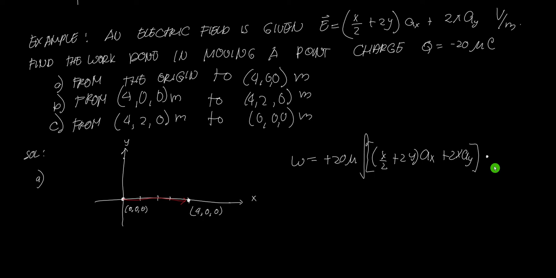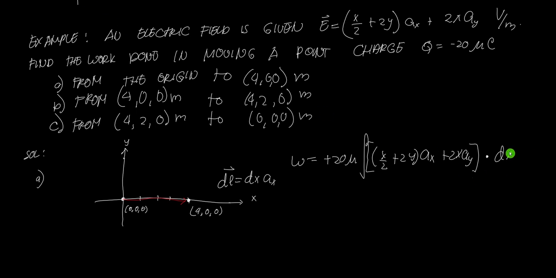What will be our dl? If you look at the path, dl is just in one direction, the x direction. So dl is just equal to dx ax.